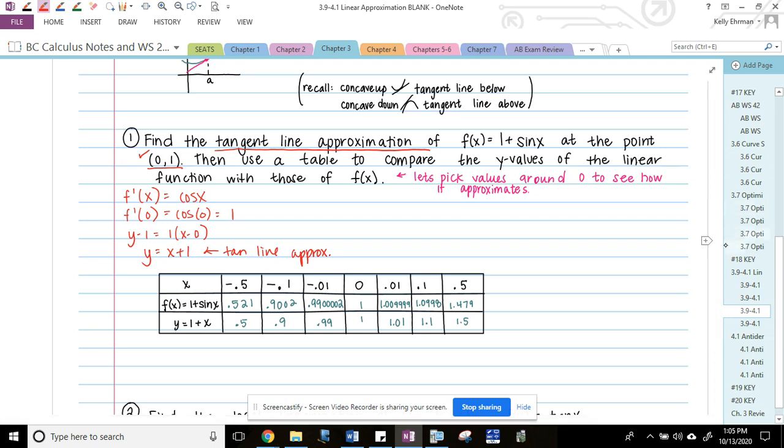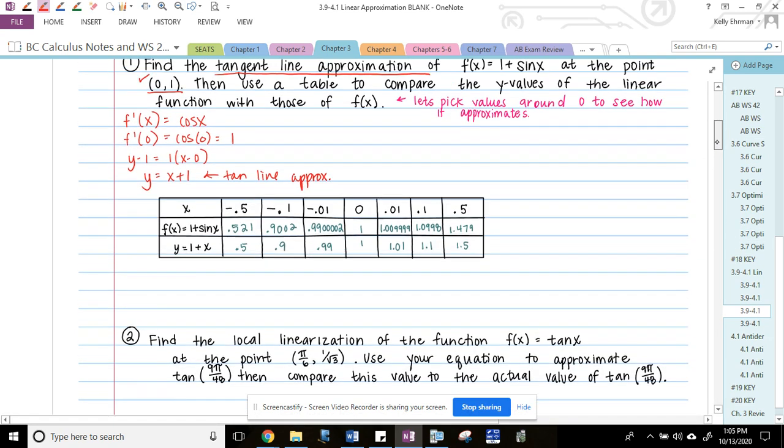So if you take a look at this table, the top row is plugging in these various values near 0 for x and getting what we'll call the quote-unquote actual value. These are still approximated because they're rounded, but whatever. So plugging those in and then plugging the same x values into your 1 plus x approximation equation. And you might notice, to the left of 0, all of these points, the approximation is just slightly less than the actual function value.